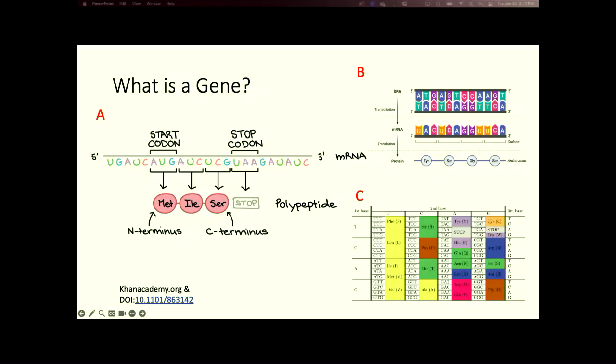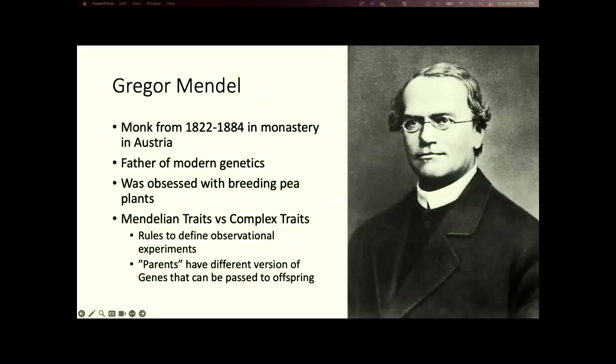Now let's step back into the 1800s and talk about Gregor Mendel. Mendel was a monk from 1822 to 1884 in a monastery in Austria.